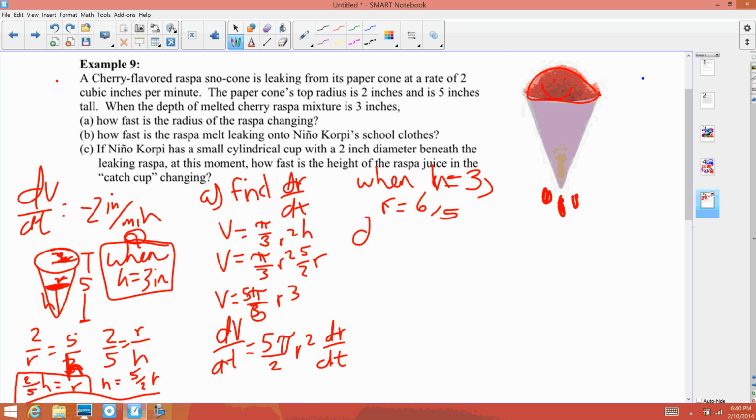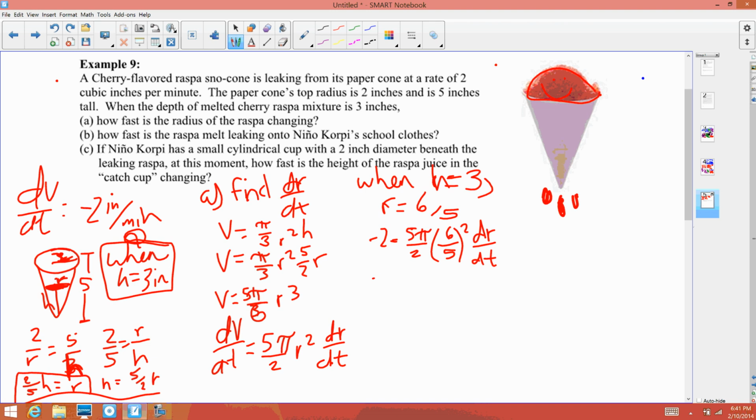Alright. Actually, we know what dV/dt is. Let me clear that out. So dV/dt, which is -2, equals 5/2 pi r squared dr/dt.